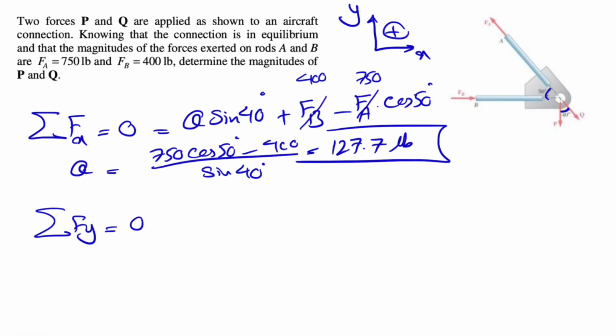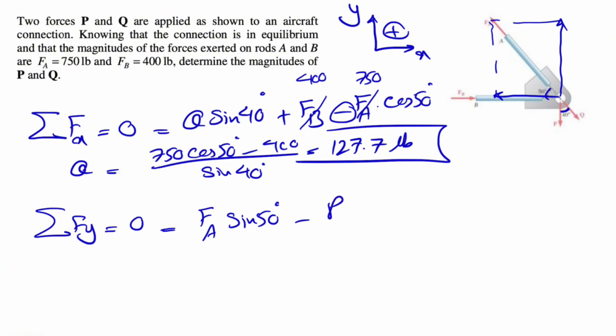And we're going to move on to our Y equation. We have the Y component of FA, which is FA sine of 50 degrees. It's upward, so we have a positive sign. So these are the X and Y components of FA: X was negative and Y is positive.